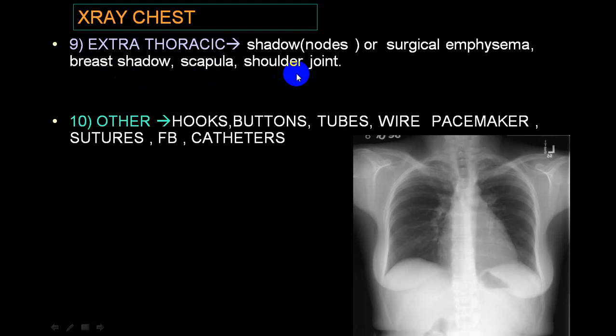These are part of our body, but sometimes you can have structures from outside, present on your clothing like hooks, buttons, or, if the person has been in ICU, some tubes, wires, pacemaker wires, sutures, foreign bodies, catheters, etc. may be seen. So try to recognize some of those, and you will be able to identify some conditions.